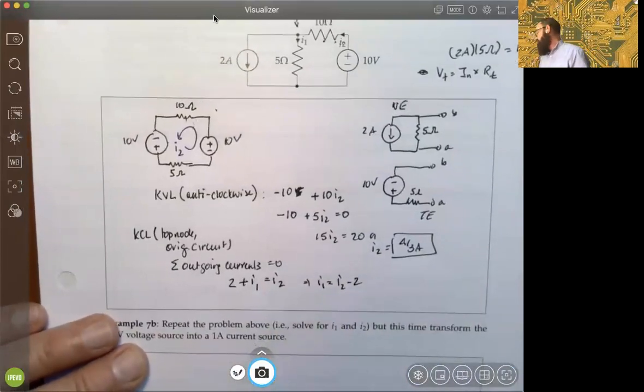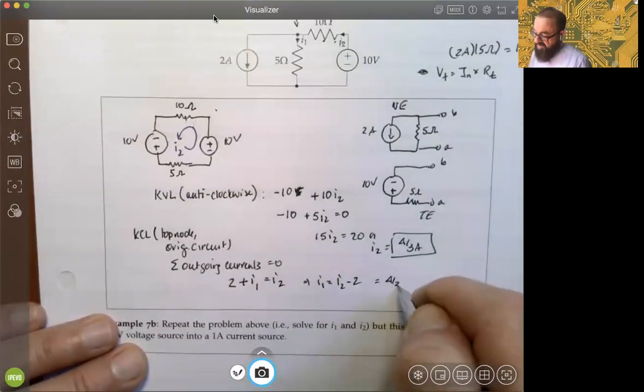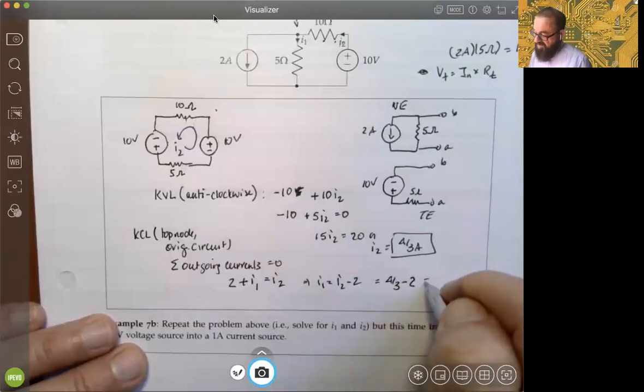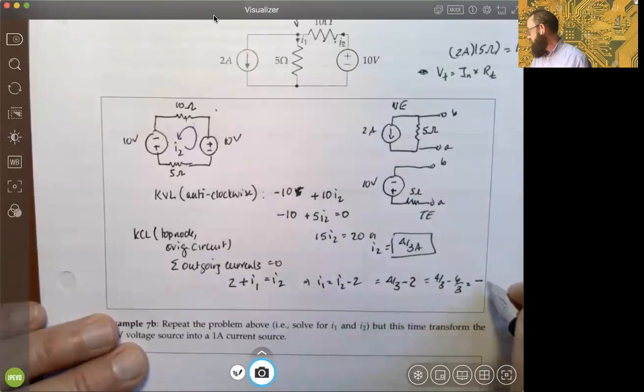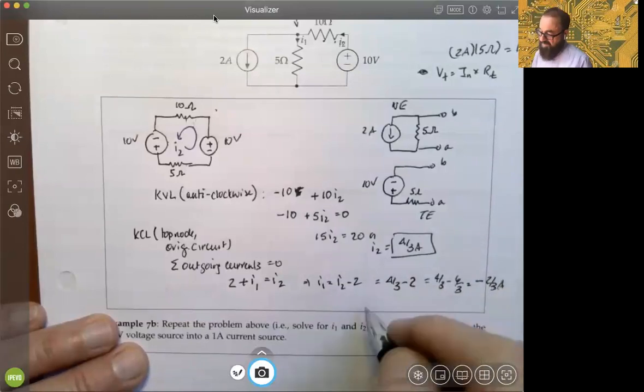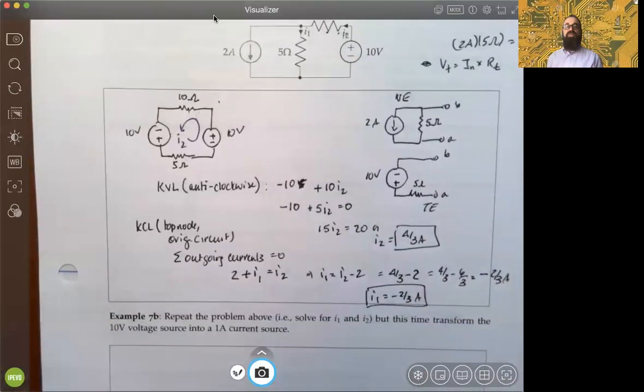Therefore, this would be 4/3 minus 2, which is the same thing as 4/3 minus 6/3, and so we would get minus 2/3 amps. In other words, the current I1 is minus 2/3 amps.